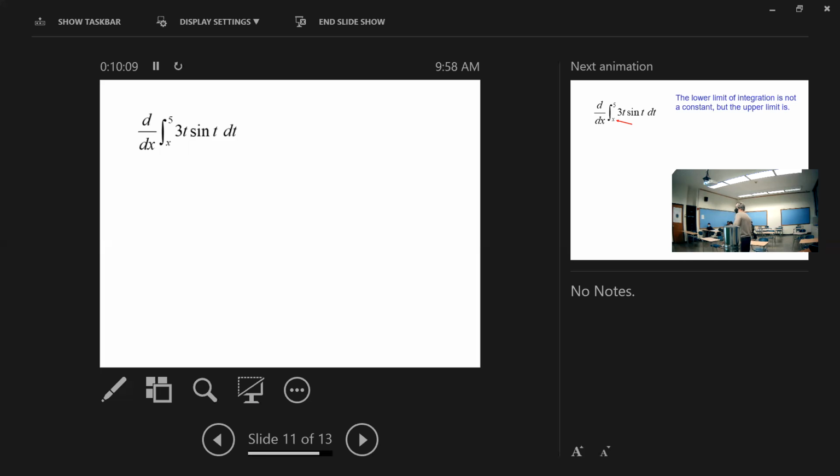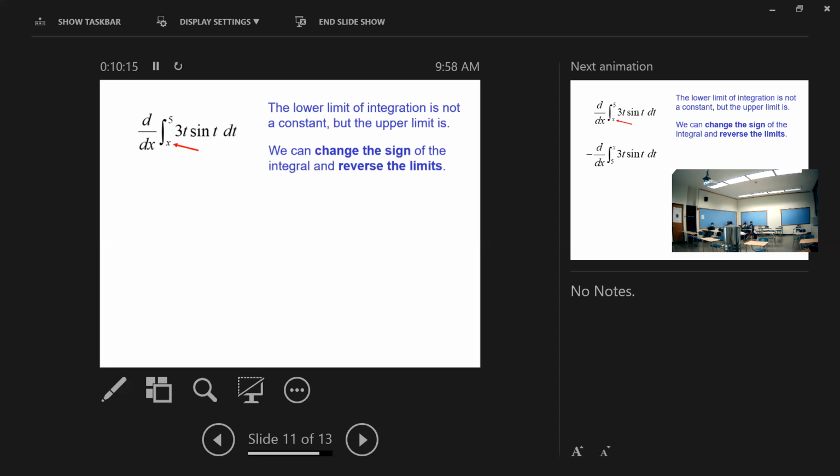Yes? And this, you're used to seeing the upper limit, right? Reverse the limits. Now, this is a bigger deal than you realize. Reversing the limits. And we need to verify that with graphs. We're not there yet. But right now, we're just following the step.